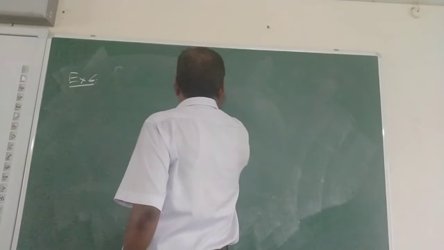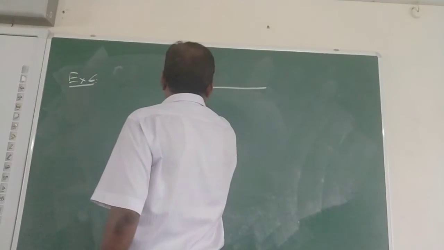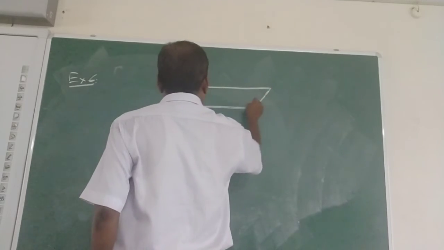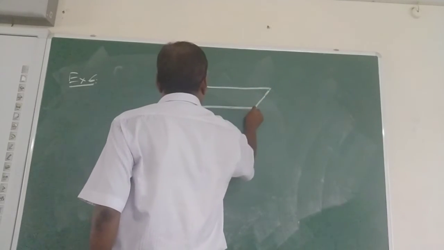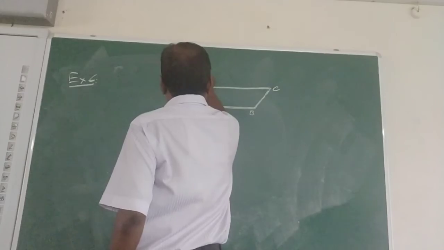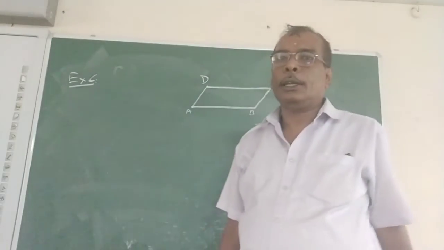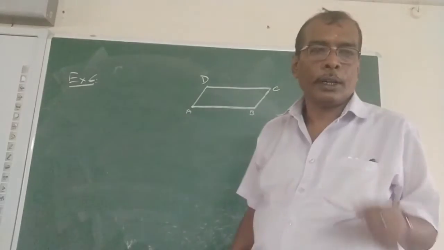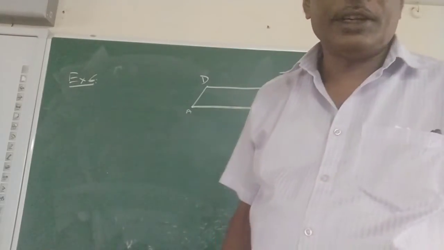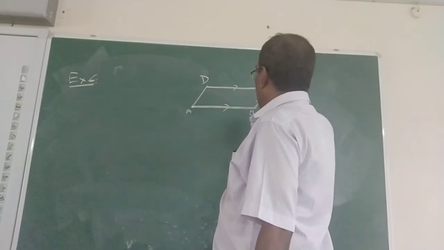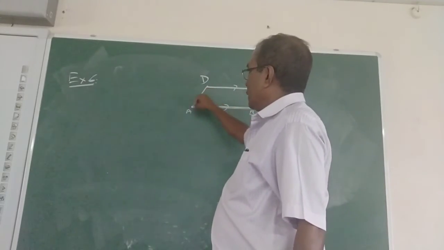So here ABCD is a parallelogram. It is given. ABCD is a parallelogram means AB is parallel to CD and BC is parallel to AD.